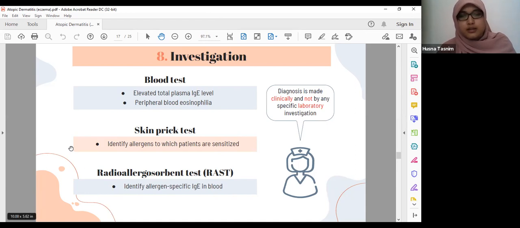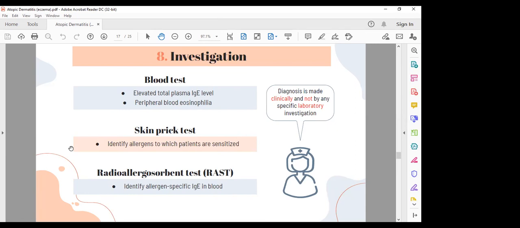No, I think this is sometimes, if you are thinking about that, we need to give the family some knowledge. If we find, as she said, elevated IgE, in spite of it not being specific, it goes with that. But the most important thing, if we do the RAST test, it will identify the allergens which must be avoided.